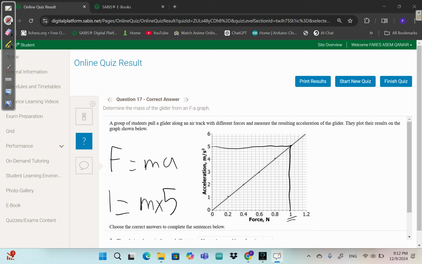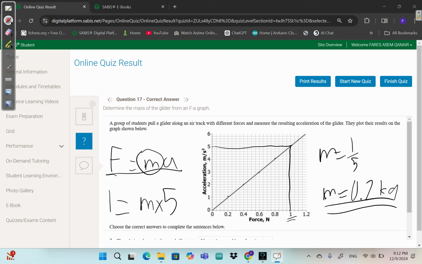So 1 is equal to mass times 5. So mass is equal to 1 over 5. Mass is equal to 0.2. Now, 0.2 kilograms, since in this equation, mass always has to be in kilograms. So we found that the mass is 0.2 kilograms.